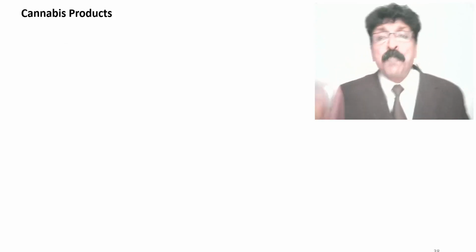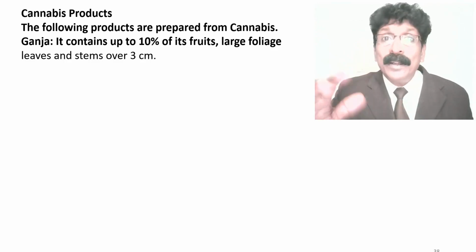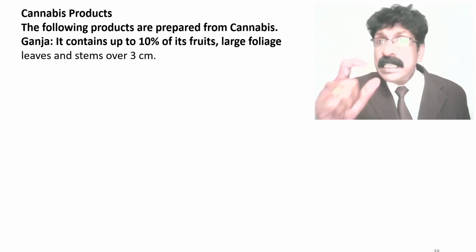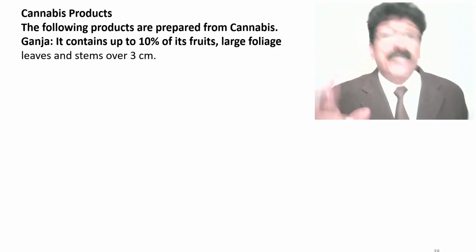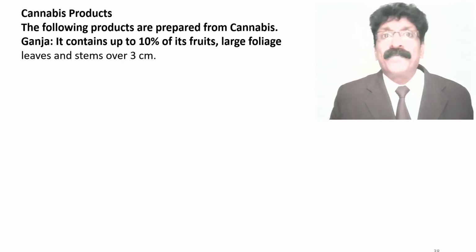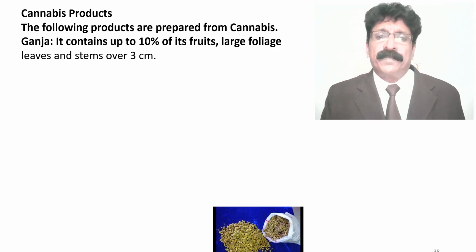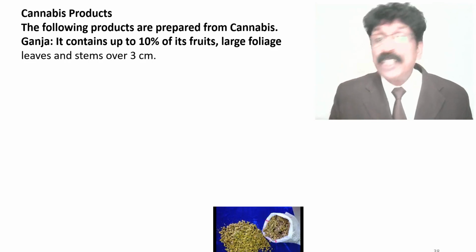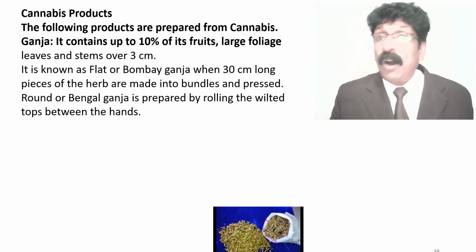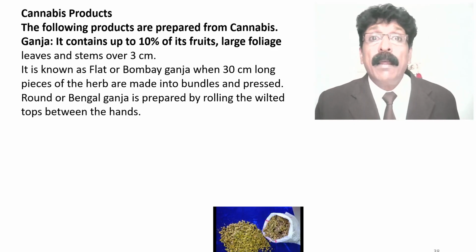Cannabis products. The following products are prepared from cannabis. Ganja. It consists of up to 10% of its fruits, large foliage, leaves and stems over 3 centimeters. This is the flowers which are dried. It is known as flat or Bombay ganja when 30 centimeters long.